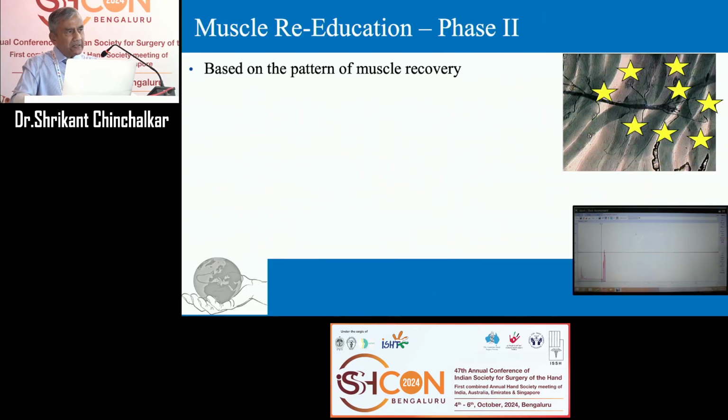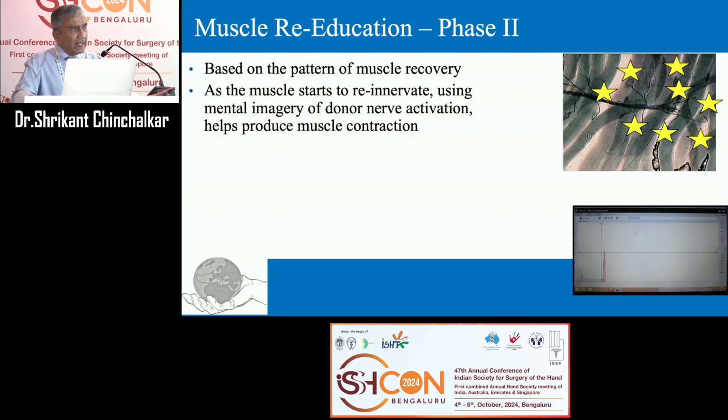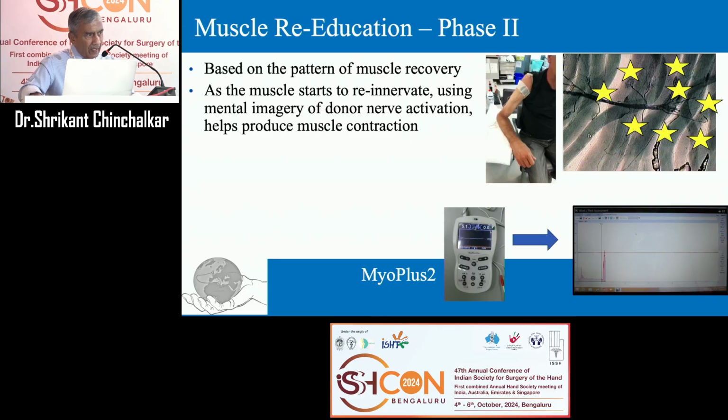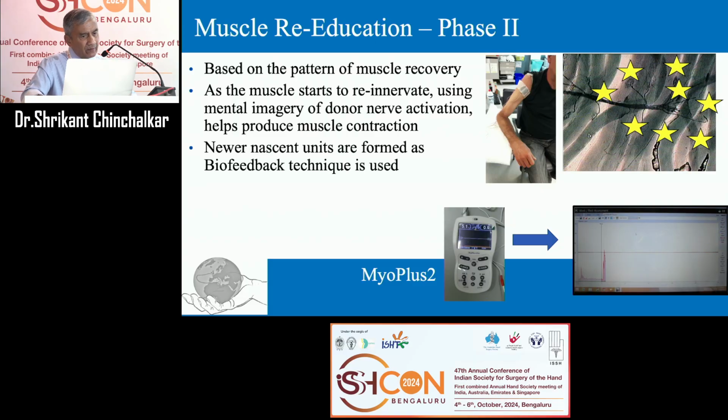So when the muscle starts to show some nascent units, we use this particular device. It's called the Myo Plus 2. It's available on a rental basis. Patients, if they prefer to carry that or pay for the rental, that's fine, but otherwise we have a few units in our department. We educate these patients and their families thoroughly about the usage of this device.